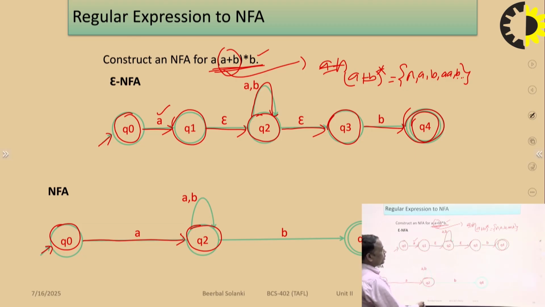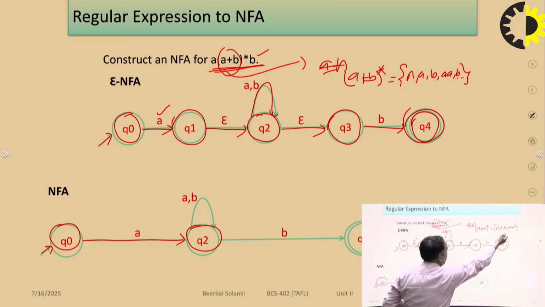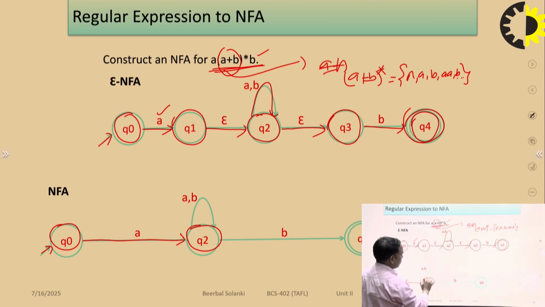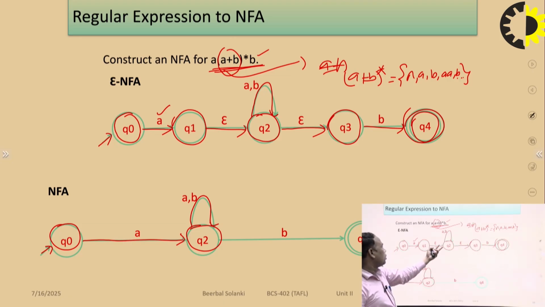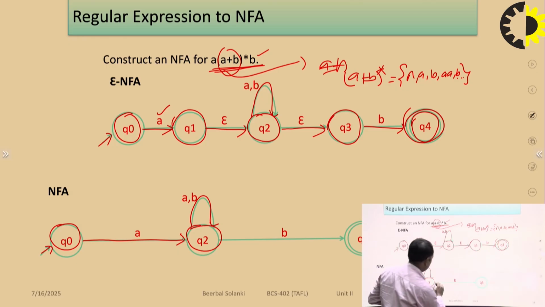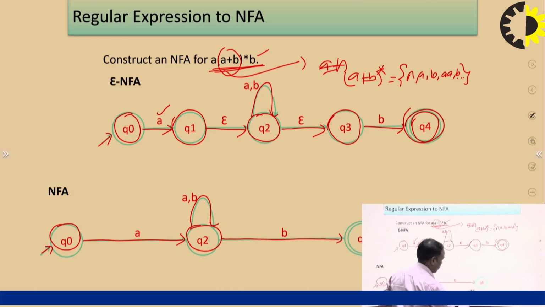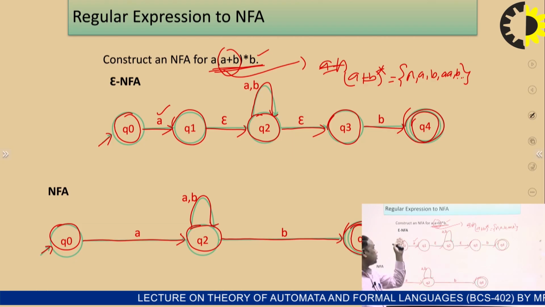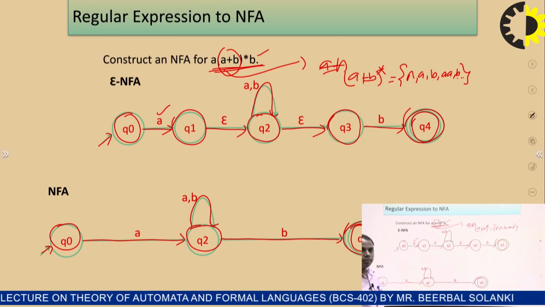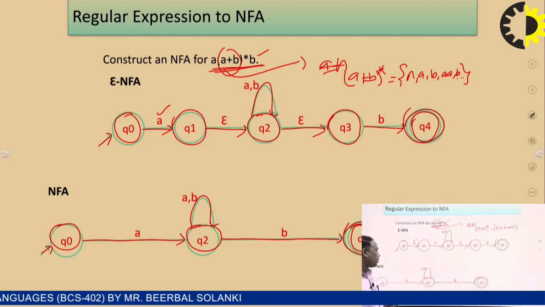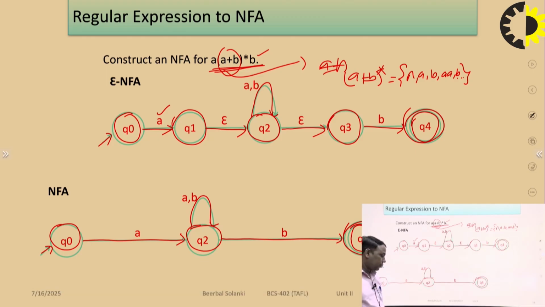And if we take the input from here, a comma b, you can take a from here, you can take b. So we can also reduce this epsilon NFA into this NFA. So here is the epsilon NFA for the given regular expression, and this is the NFA for the given regular expression.